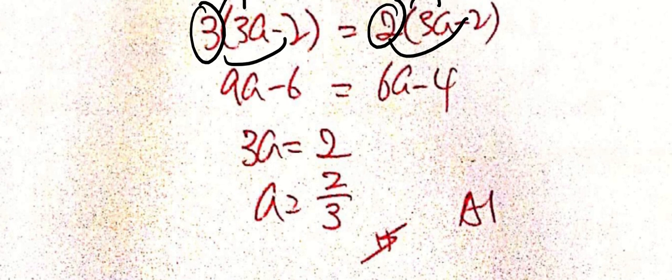In the next step, I simply keep all the variables to one side, and then I throw all the constants over to the other side of the equation. And you're done. You should get a equals to something.